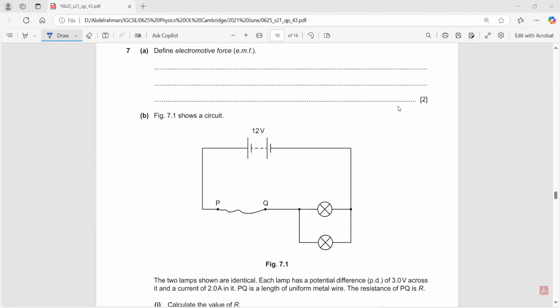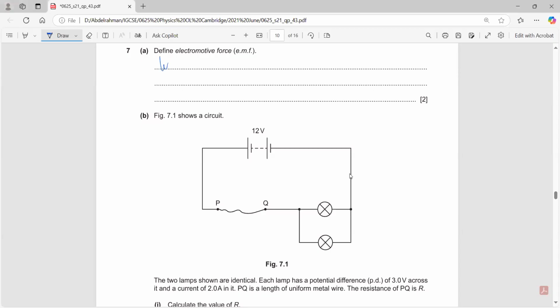There is work done on the charges and there is work done by the battery, the electromotive force. So we need to talk about the battery. What does the battery do? It's the electrical work done by the battery or by the source in moving the charge around the complete circuit.